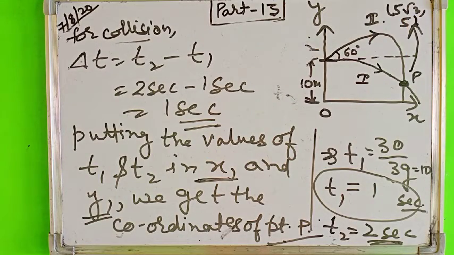This is the position or coordinate of point P on the xy plane where the two bullets are going to collide with each other.